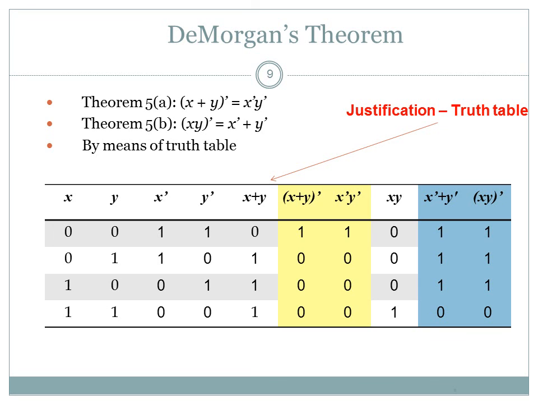So what I have proposed is to see the value equivalent to (x plus y) all bar, and the value of x bar times y bar, and we can see that they are equal. Same goes for theorem 5b, which is (xy) all bar equal to x bar plus y bar. So this is one of the ways to make sure that our simplification is correct.